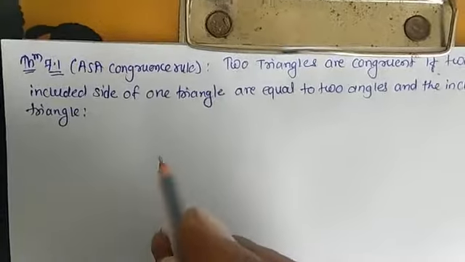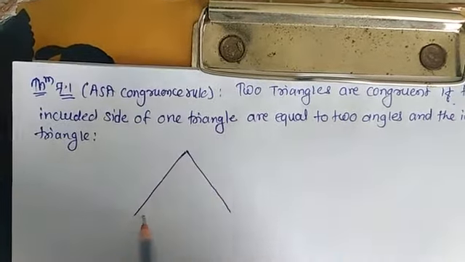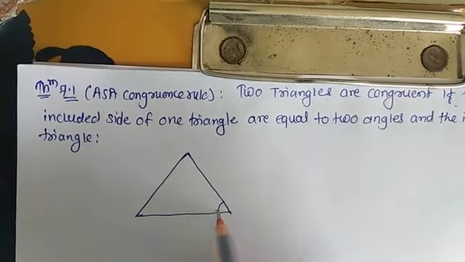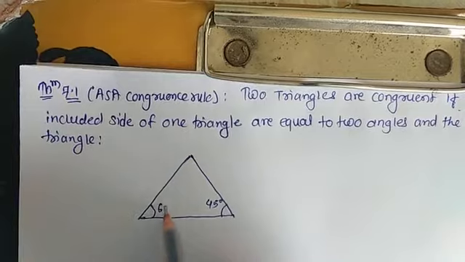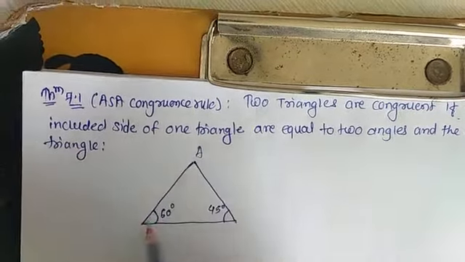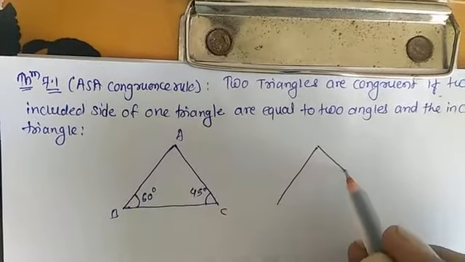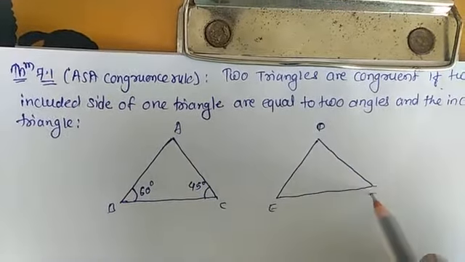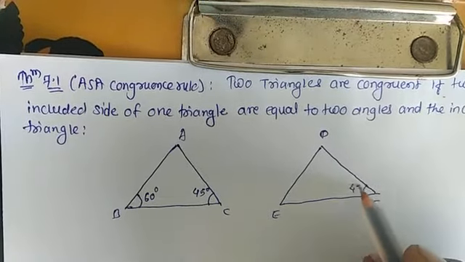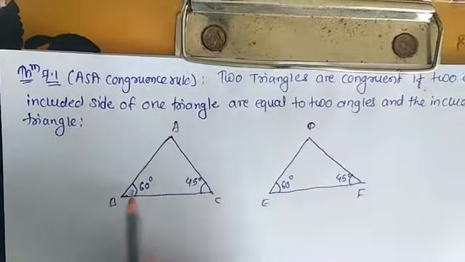For example, consider this triangle ABC, where this angle is 45 degrees and this is 60 degrees. Next we have considered triangle DEF, which again has 45 degrees and 60 degrees.